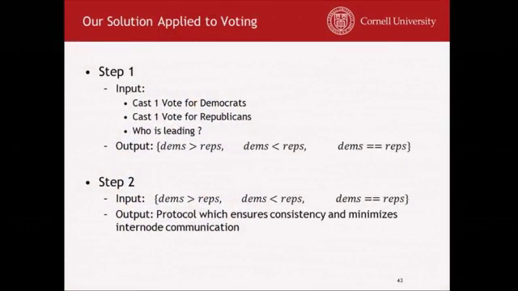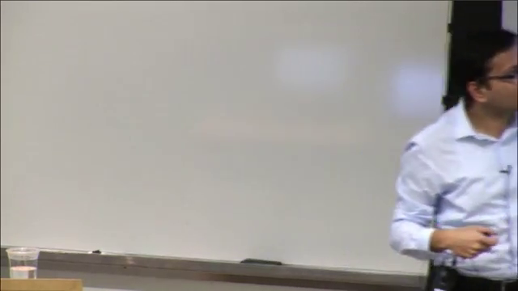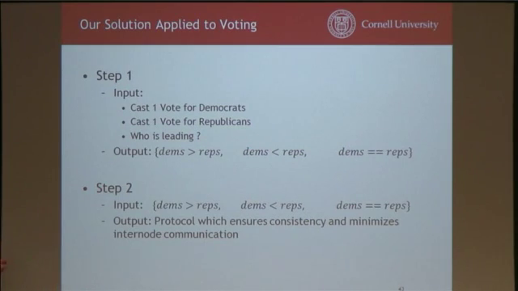So let us apply the solution to the voting example. The input in the voting example was this set of 3 transaction types. The output of the first step would be these 3 equivalence classes: one in which the Democrats are leading, one in which the Republicans are leading, and one in which they are tied. This is going to feed into the second step.